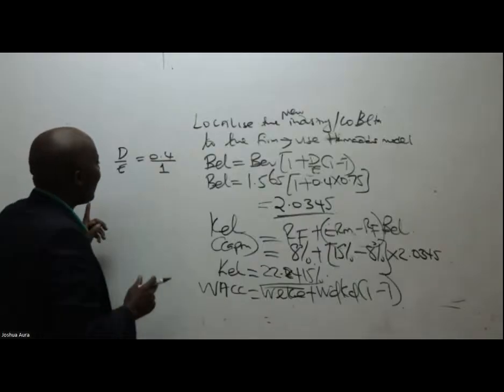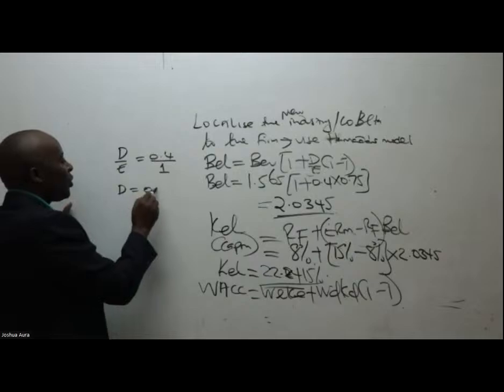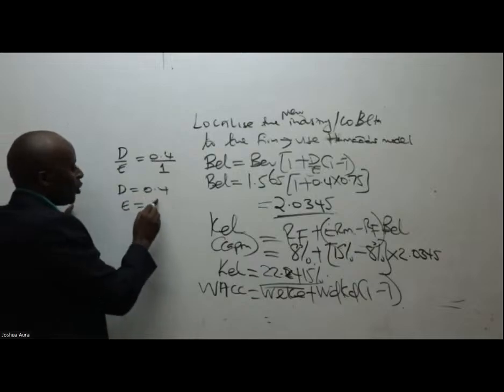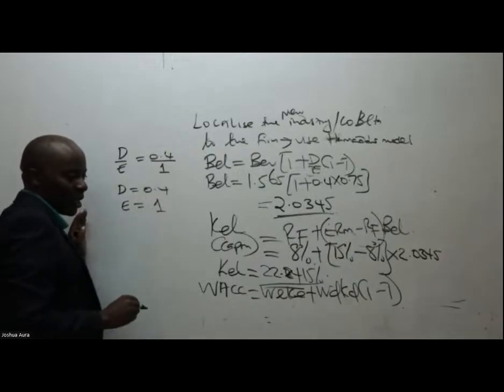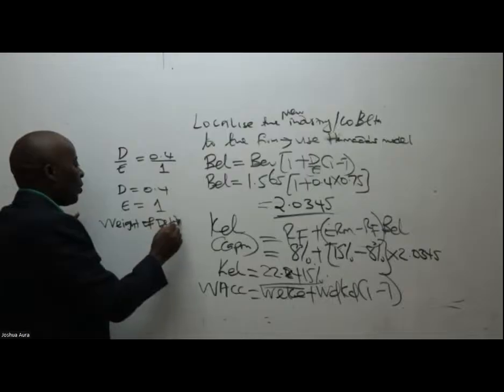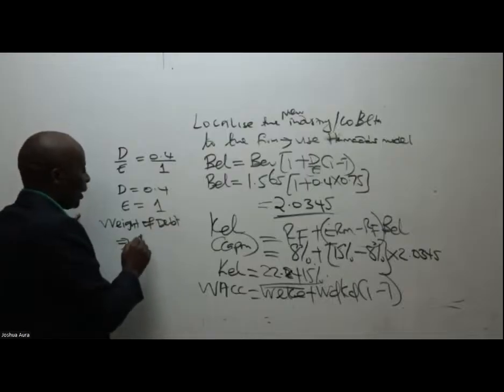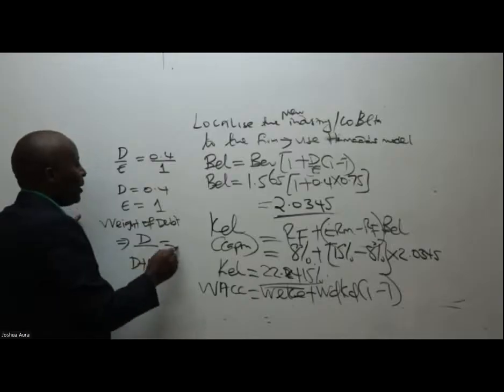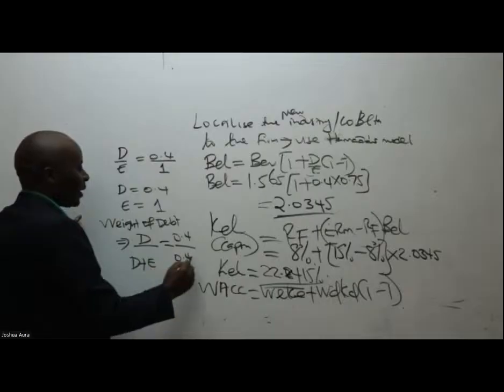So debt, in short, is 0.4 and equity, in short, is 1. When you want to get the weight of debt, it will be debt over debt plus equity. Debt is 0.4 over 0.4 debt plus equity, which is 1, like that.